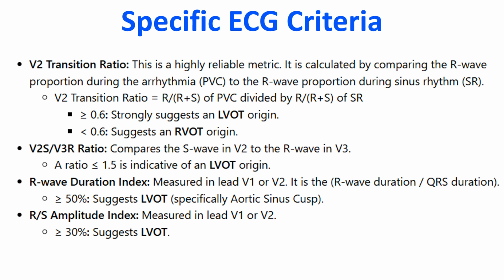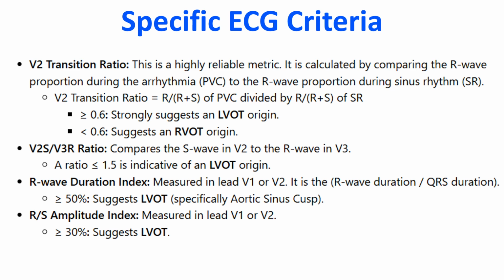That's what we mentioned earlier. Some VTs originate above the outflow tracts. R by S amplitude index, again measured in lead V1 or V2, more than or equal to 30% suggests LVOT tachycardia. Please note that these are only generalizations based on some studies.